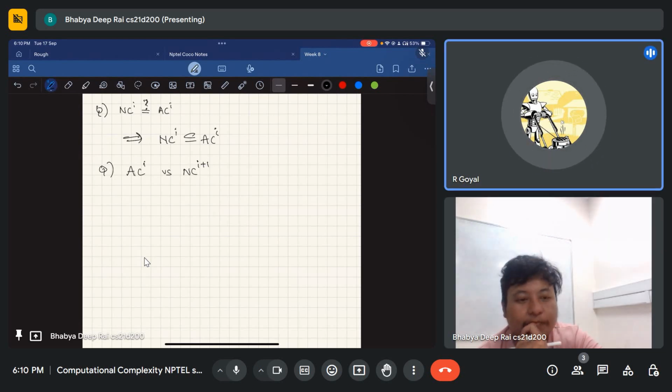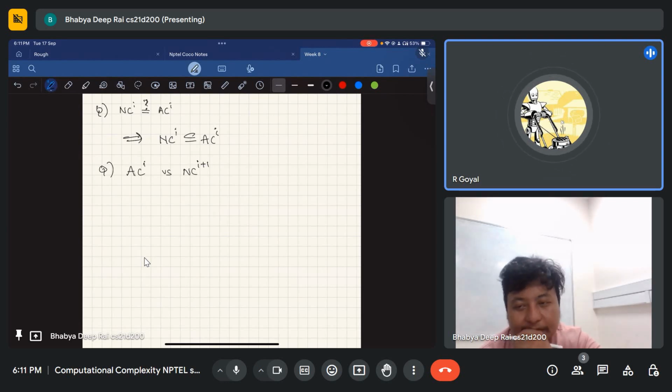In the case of NCI plus one, I would have additional circuitry of length, say, log of I. But for the ACI, I have an unbounded fan-in, and in the NC case I have the bounded one.